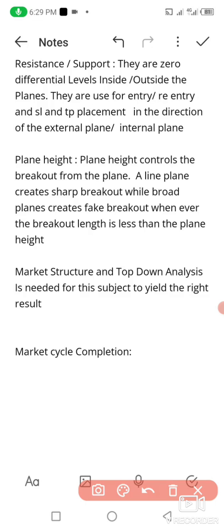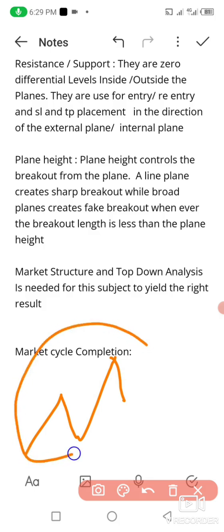A cycle is when a market creates an impulse, let's say in an uptrend, and then retraces. It creates another impulse, and then retraces. By so doing, we will say that the market has completed a cycle.